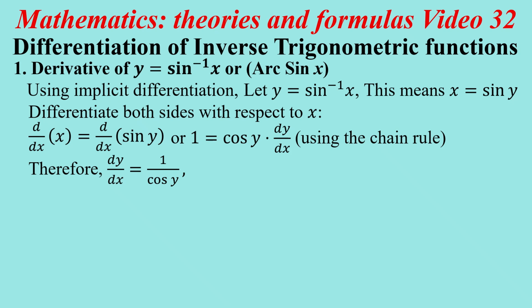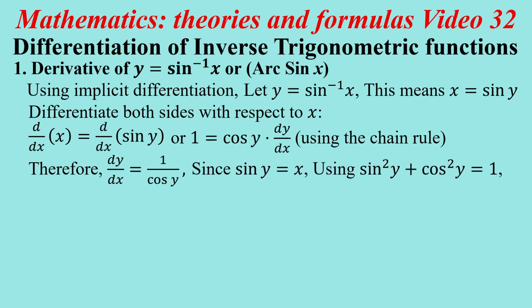Therefore, dy by dx will be equal to 1 by cos y. We bring cos y to the other side and keep dy by dx, which is actually the derivative of sine inverse x. Since sine y is equal to x, using the sine square y plus cos square y equals 1 formula, we can say that cos y equals root under 1 minus sine square y.